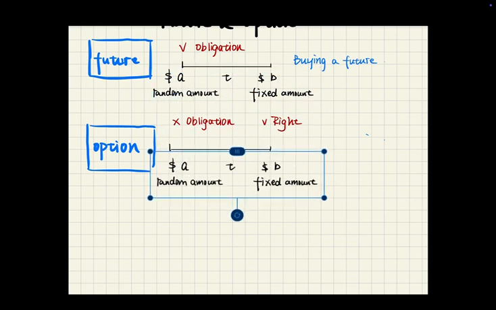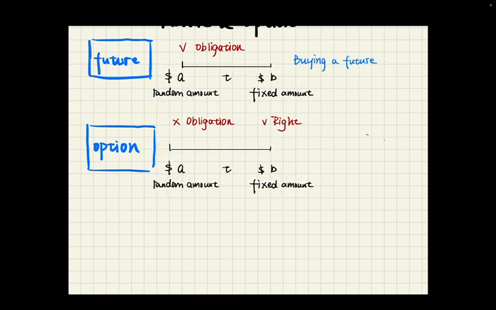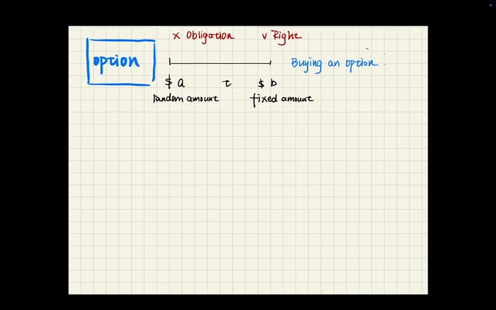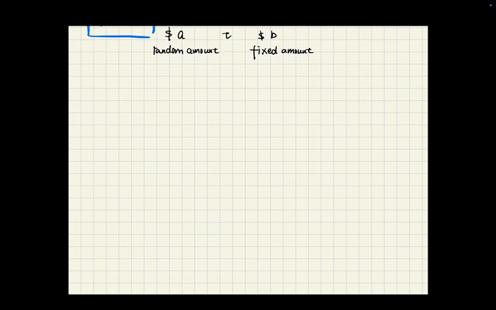At first the stock price is $A, and after time T, it changed to $B. So this time you get the choice to determine whether you want to sell it or not at that fixed amount. To help you understand it better, let's look at a specific example here.